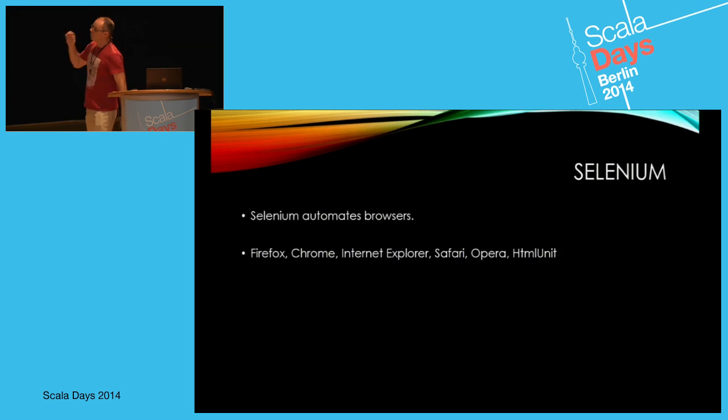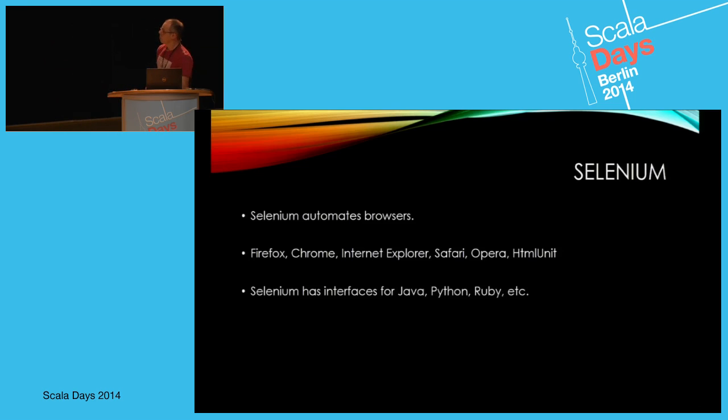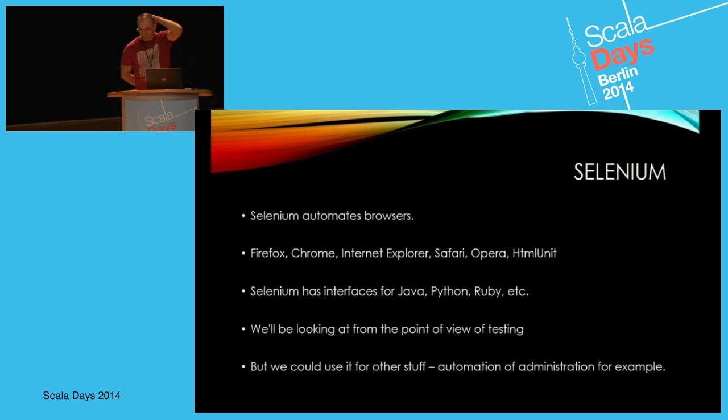It works with Firefox, Chrome, Internet Explorer, and various other browsers, and has interfaces for Java, Python, Ruby. So the Selenium DSL for Scalatest obviously uses the Java one as its base. We'll be looking at it from the point of view of testing, but actually you could use it for other stuff. For instance, if you have an administration task that you need to perform on 20 different web servers, you could do it through a browser, something like that.